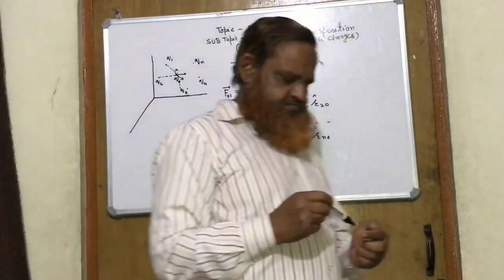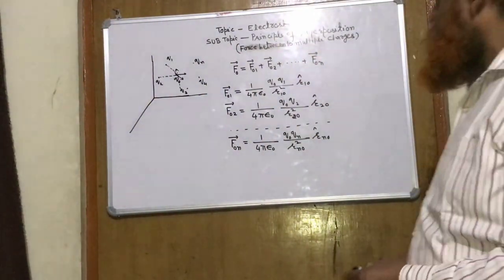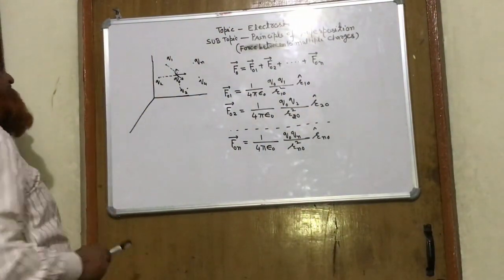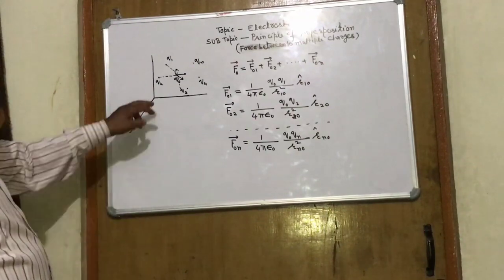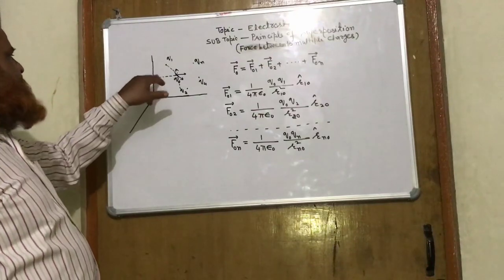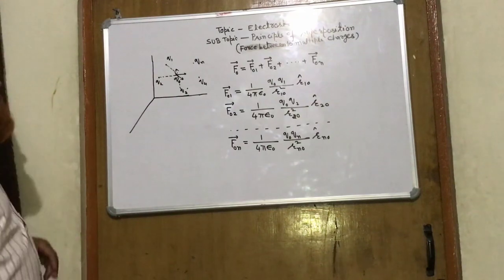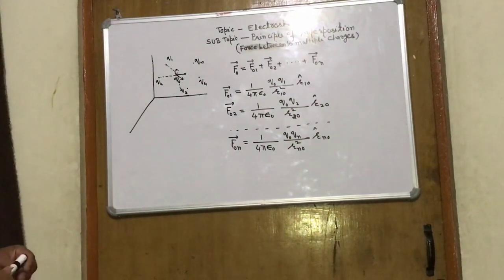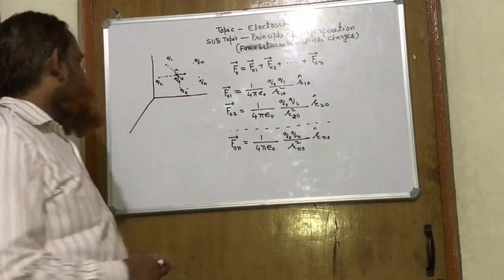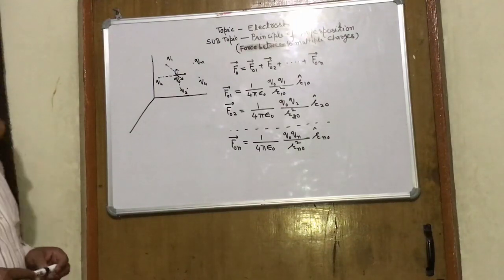Again I am explaining the principle of superposition: the force on any charge due to other charges is equal to the vector sum of the forces exerted by the individual charges on it, and these other charges are at rest and taken one at a time, and the force between two charges will not be affected by the presence of other charges.